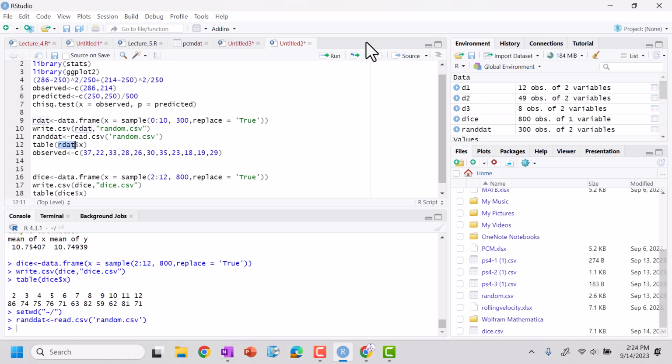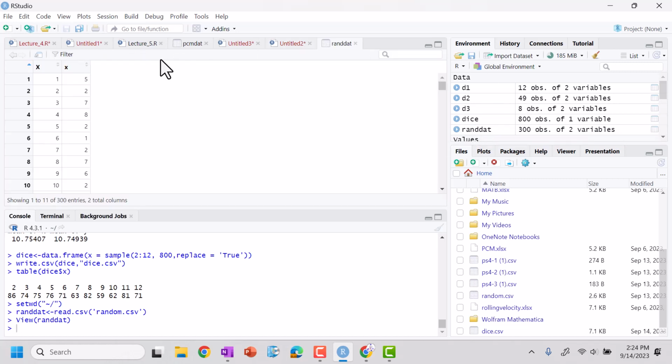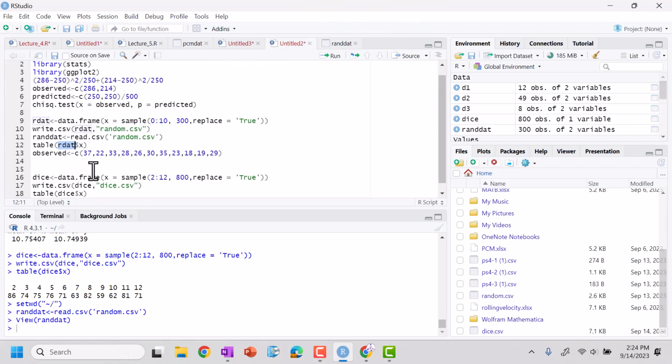So if I look at my randat, I have a column little x, and again, ignore this other column, it's just a counter. The column little x is showing me my random numbers. I want to count how many 6s, 7s, 8s, 3s are in that list.